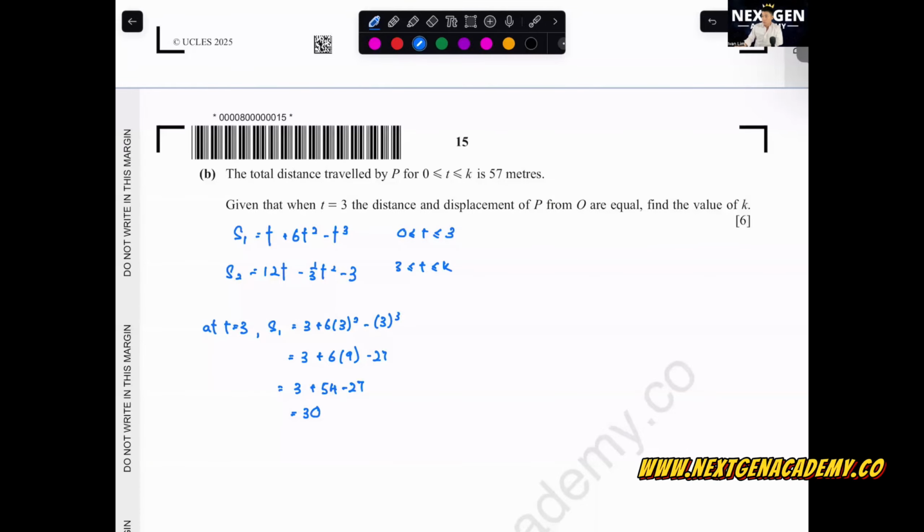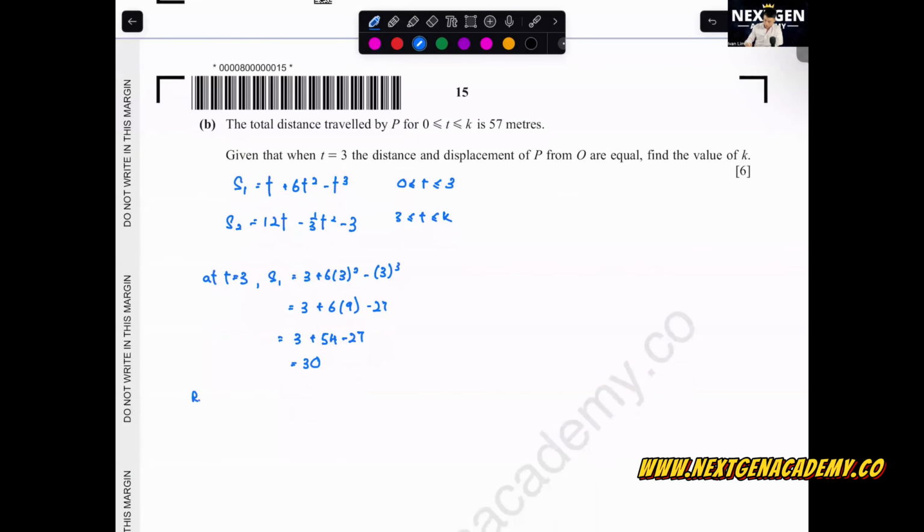So the entire distance is 57 meters. So the remaining distance from 3 to k will be 57 minus 30, which is 27.